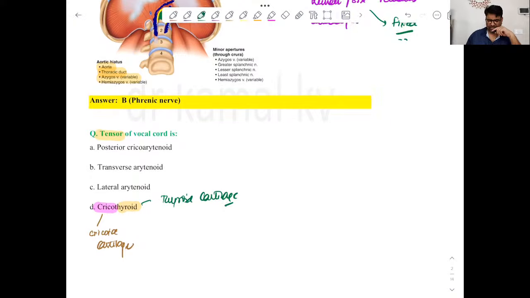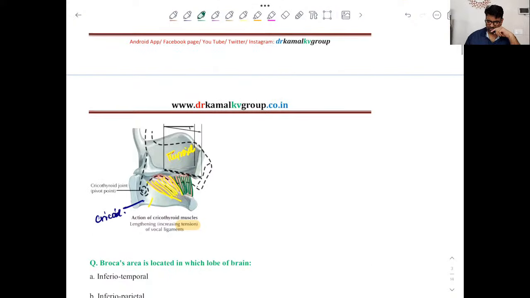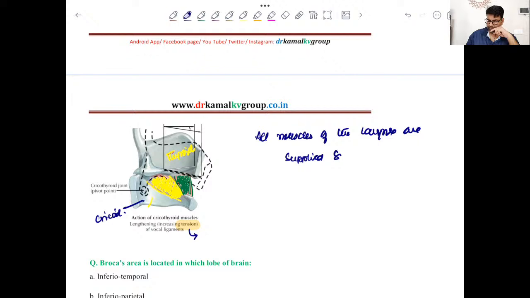Right, so tensor I think is okay, and you can see here there are the two parts of this muscle, right? So cricothyroid, extending from the cricoid to the thyroid cartilage. One thing is that it is a tensor of vocal cord, but apart from that, you should also know one more thing, that all muscles of the larynx are supplied by recurrent laryngeal nerve, right?